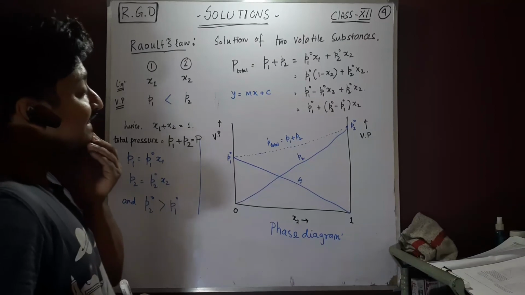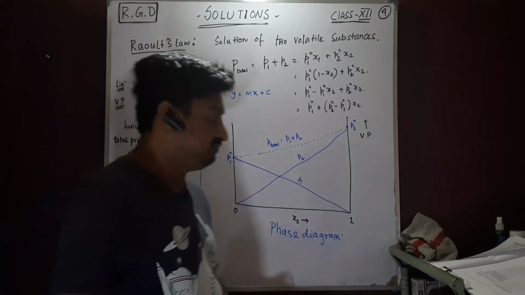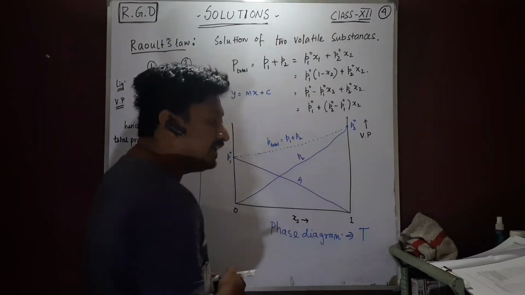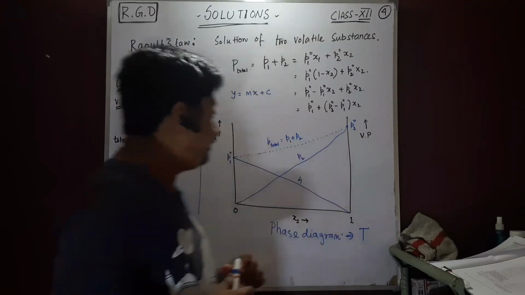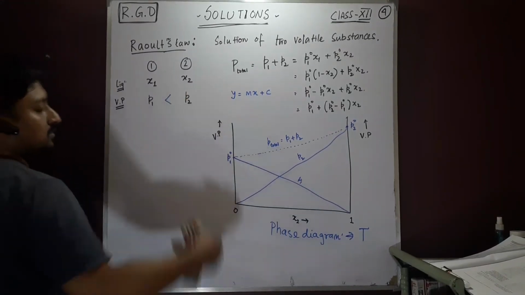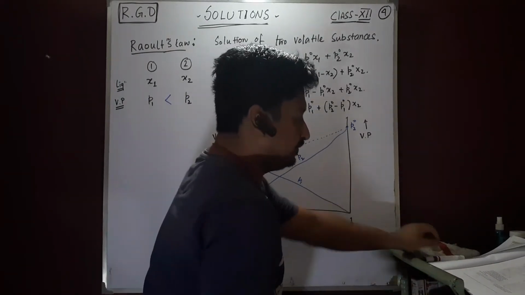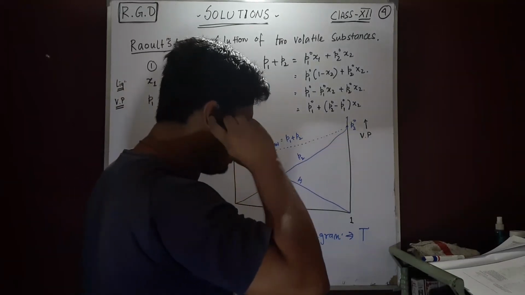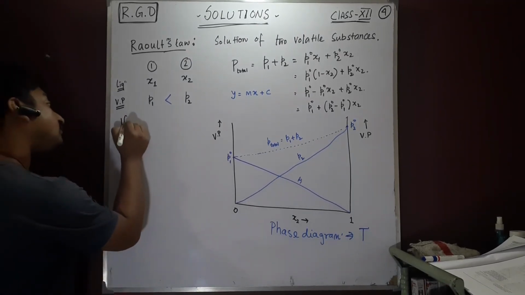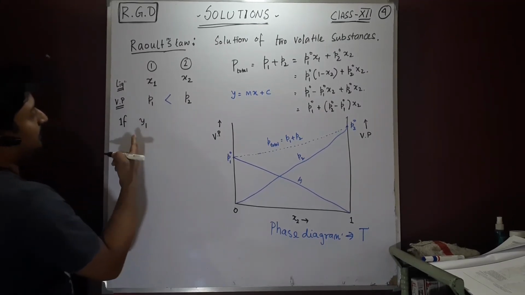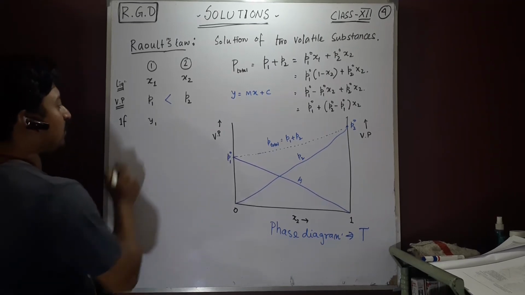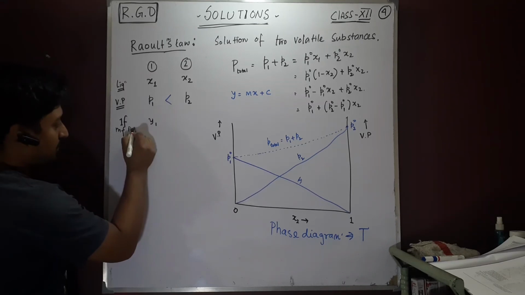So at this part, let's say a phase diagram at a particular temperature T. Now, let's say Y1 is the mole fraction in vapor phase.